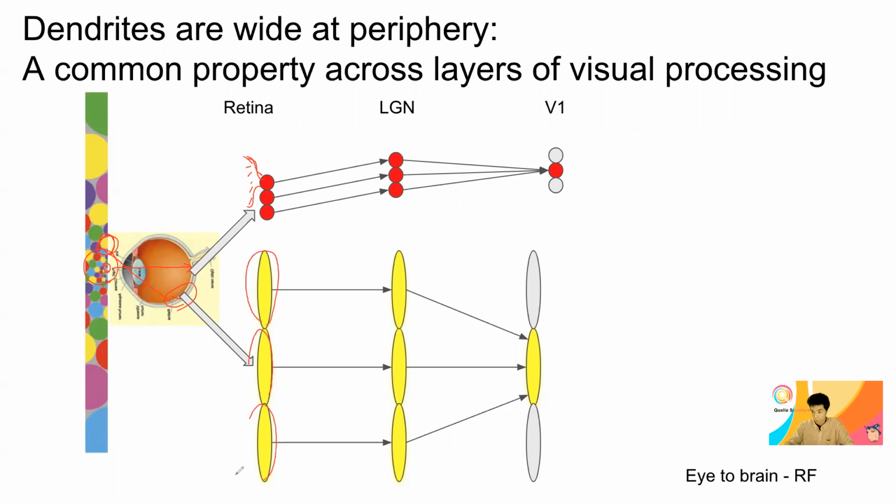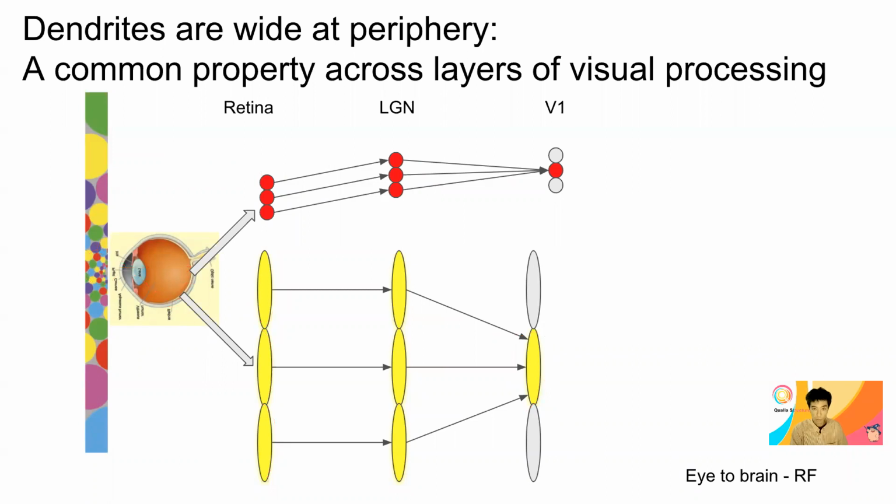And it can pass the yellow information to the next layer, and then V1 can also collect this yellow information as such. And so there has been no degradation of the color information as long as the size of the stimulus becomes bigger for the periphery. And that matches the property of the receptive field size of the peripheral neurons. Okay.